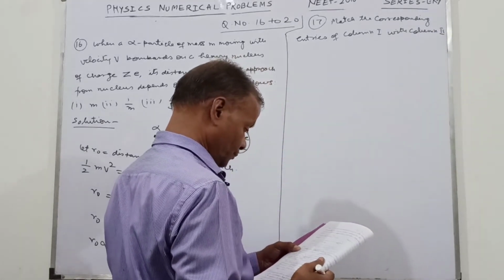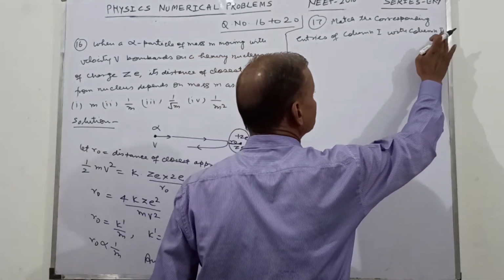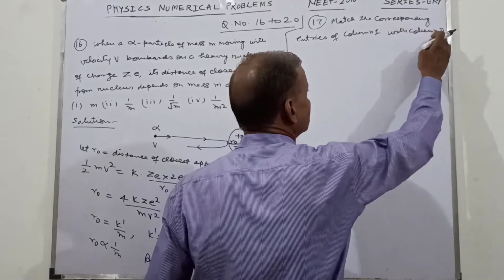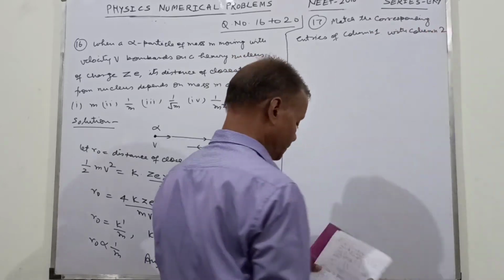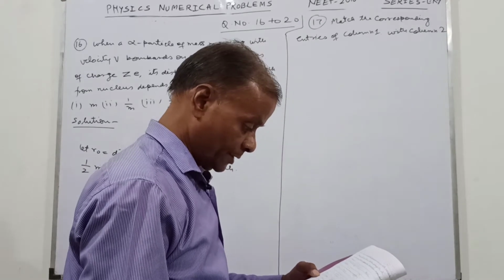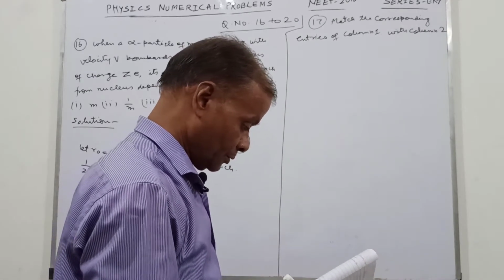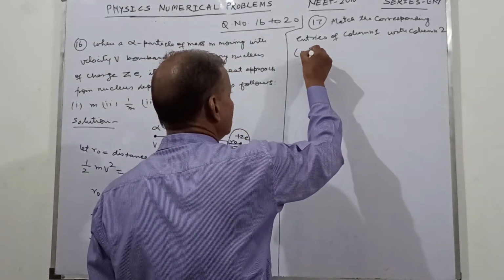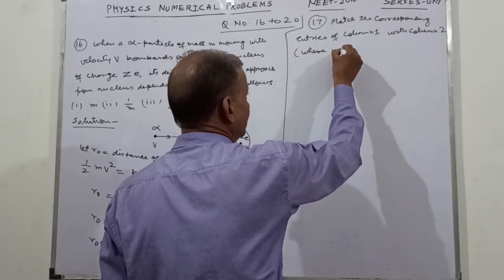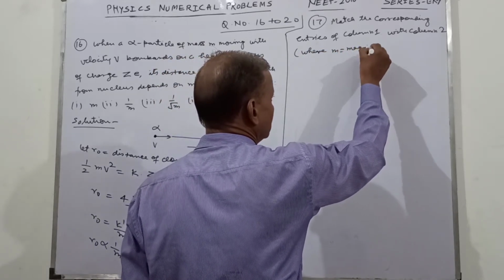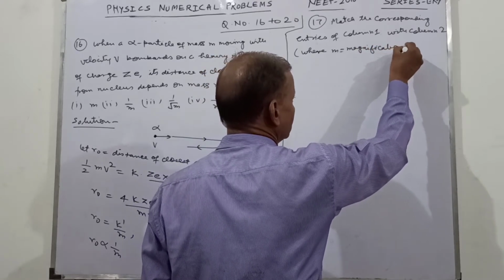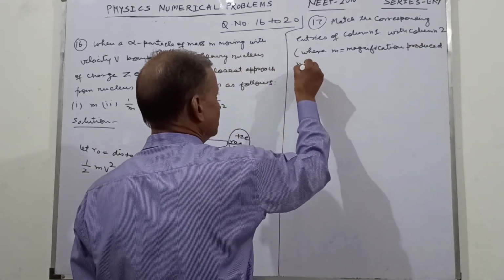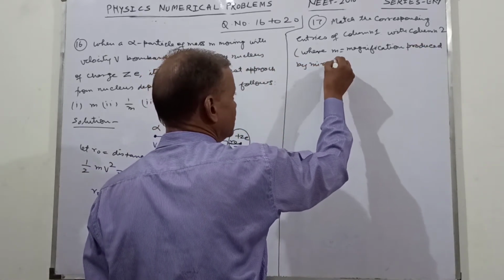This is column 1. This is column 2. Where M is magnification produced by mirror. This is given.